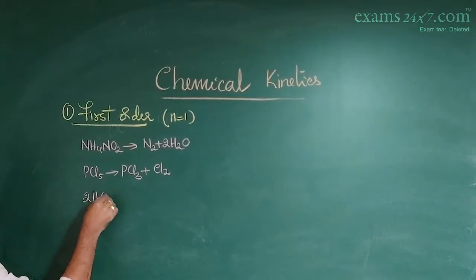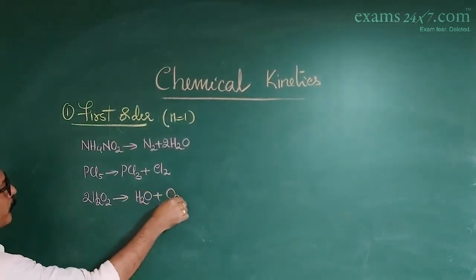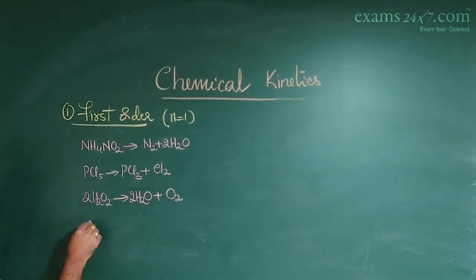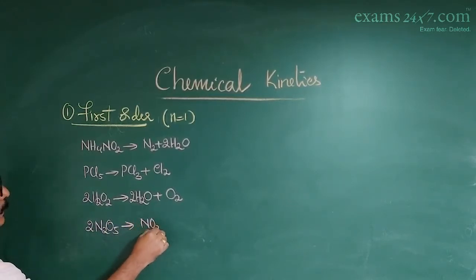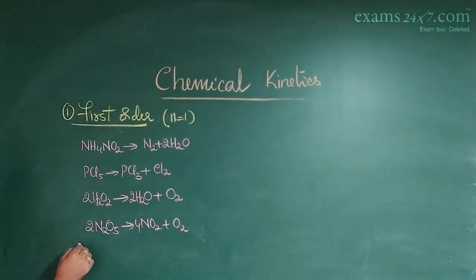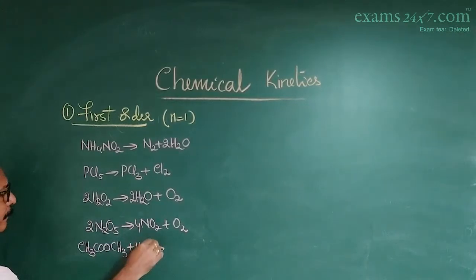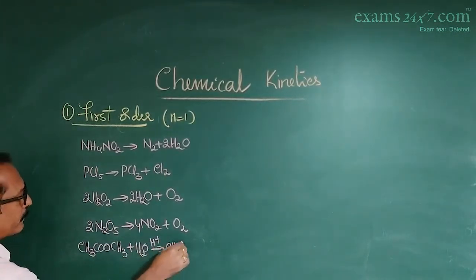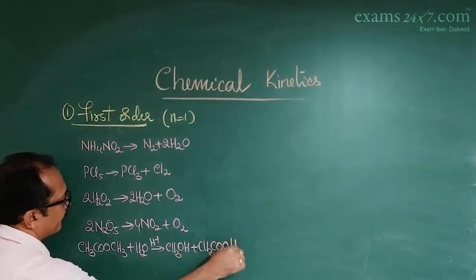Dissociation of hydrogen peroxide H2O2 that gives H2O plus O2. Dissociation of nitrogen pentoxide 2N2O5 that gives NO2 plus O2. Or acid hydrolysis of methyl acetate that gives methyl alcohol and acetic acid.